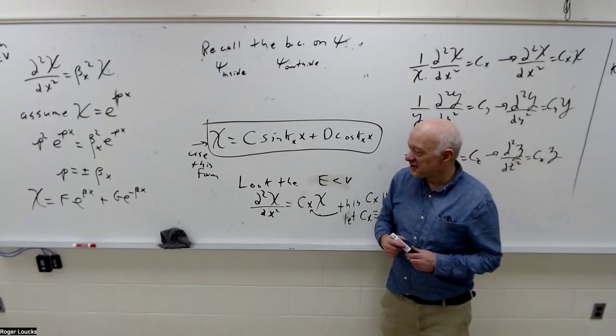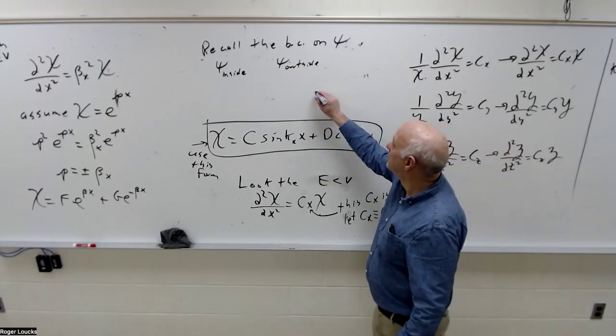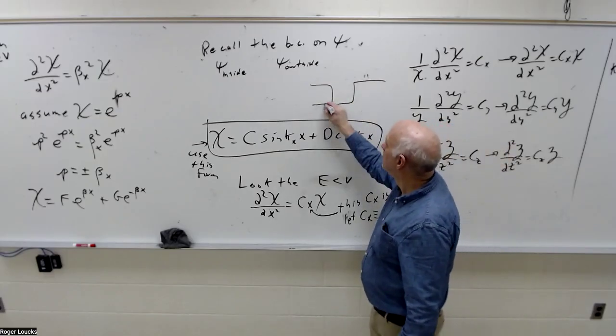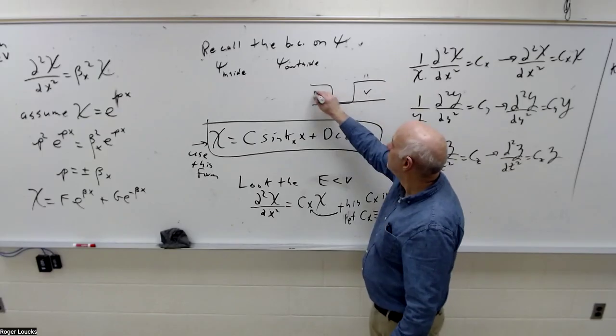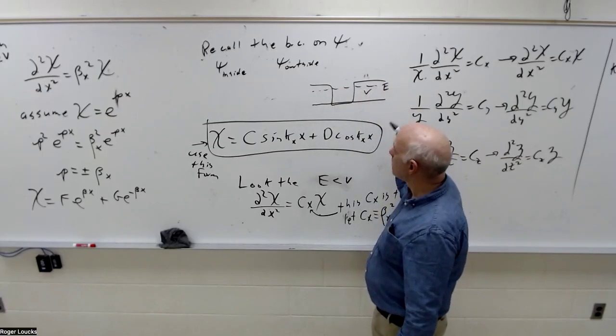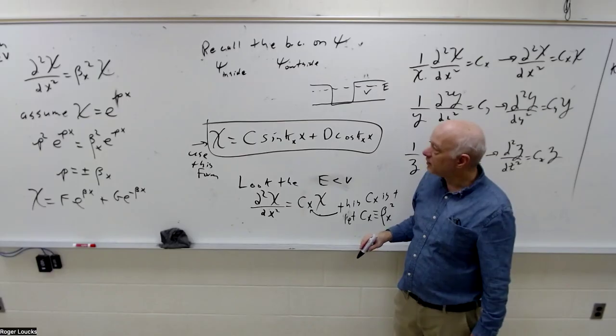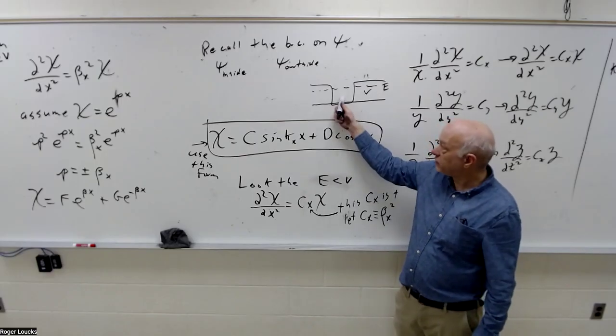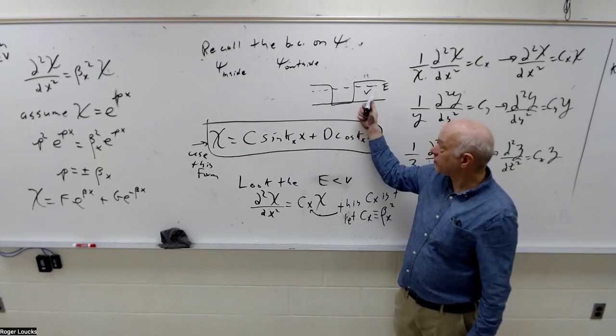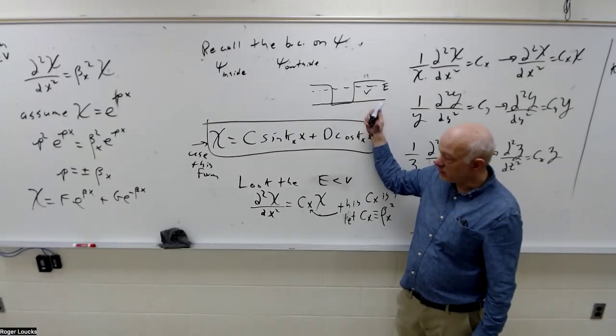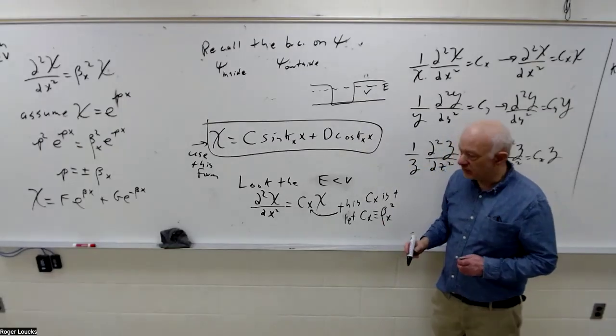Go back to the 1D case. The potential is less here. If your potential is less, you're inside the box. If it's greater, you're outside the box. So which one would be outside, which one inside?